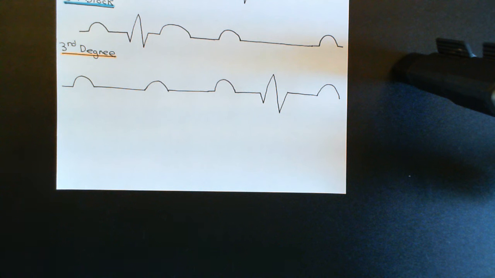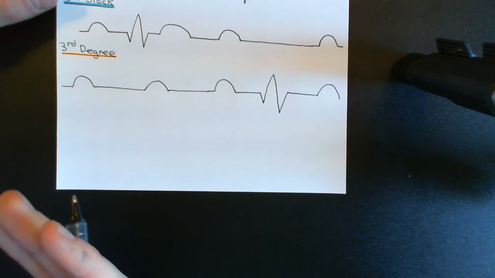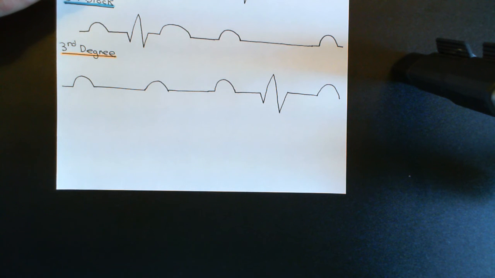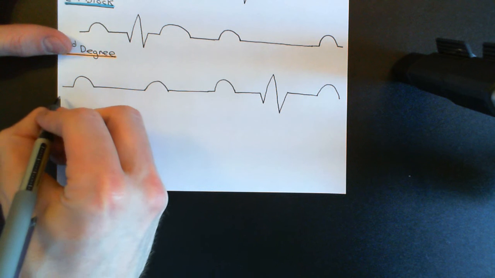Right, so now let's talk about how we can treat third-degree heart block, or complete heart block. Complete heart block is usually treated with a fitted dual-chamber pacemaker. We've discussed single-chamber pacemakers already in this video, so let me now discuss dual-chamber pacemakers.